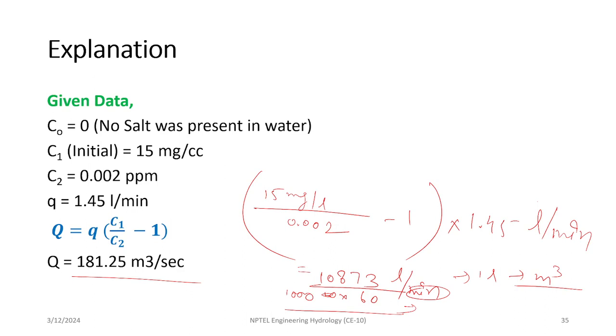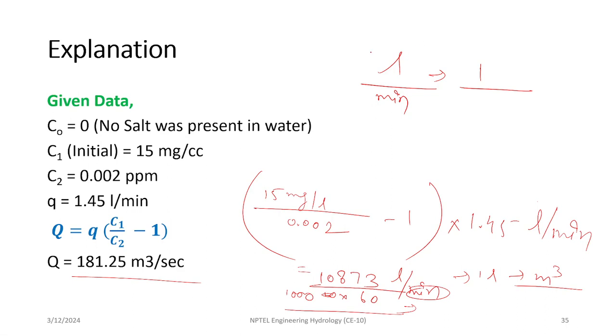Wait a minute. Ma'am, what is your answer? Liters per minute is a smaller value, liters per second should be greater. You convert it into meter cube. Then to get it per second, because minute is in the denominator, you have to multiply it by 60. Ashish, look.